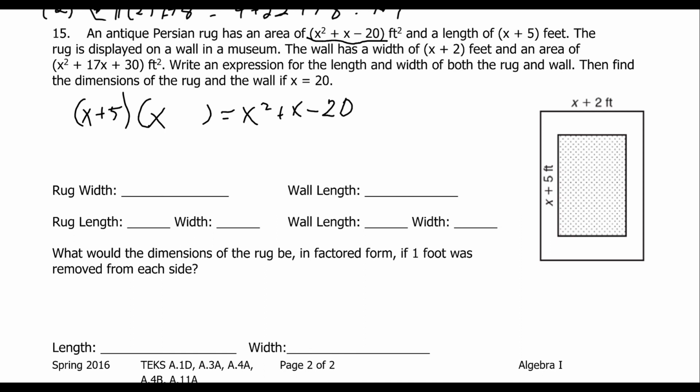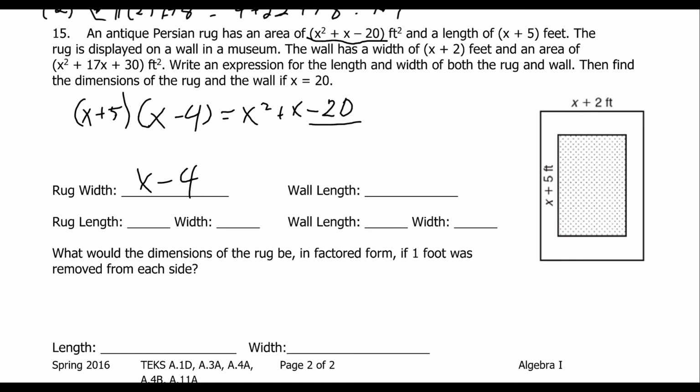So I see this minus 20 here. I need something that's going to multiply 5 to get negative 20. I need negative 4. That means that my rug width is x minus 4.